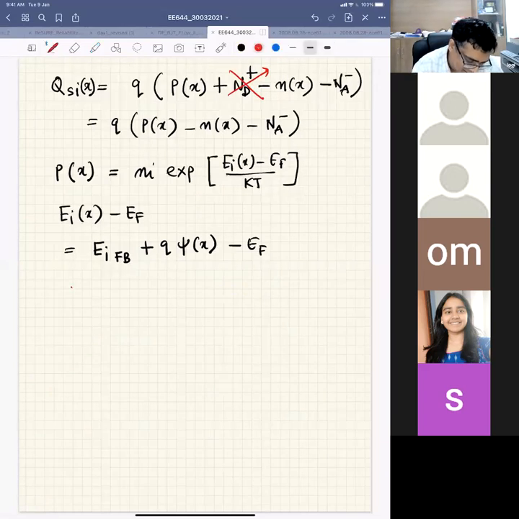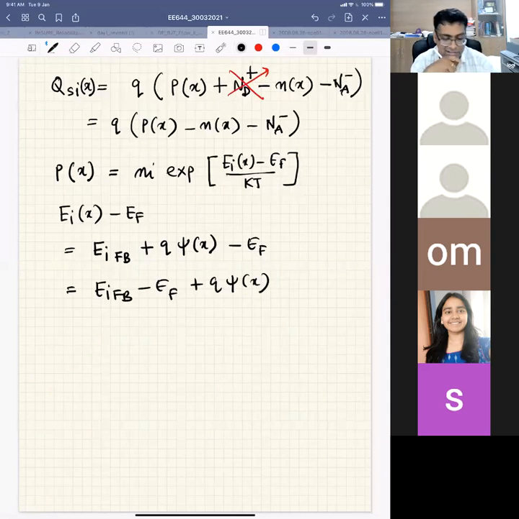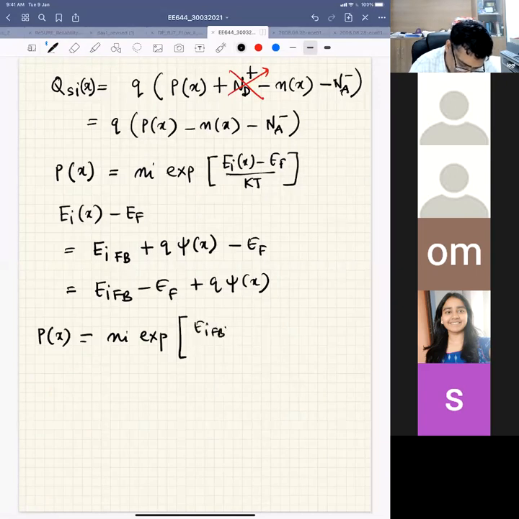Right. So this is nothing but EI in the flat band condition minus EF plus Q times psi X. So if I use that, Ni here is exponential (EIFB minus EF plus Q psi X) divided by KT, right?